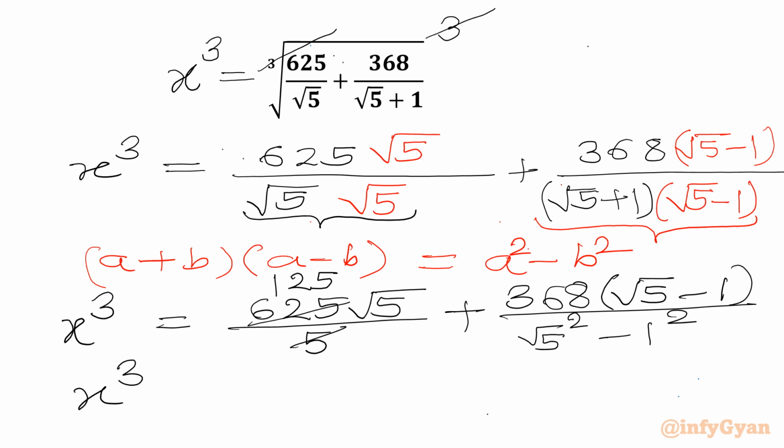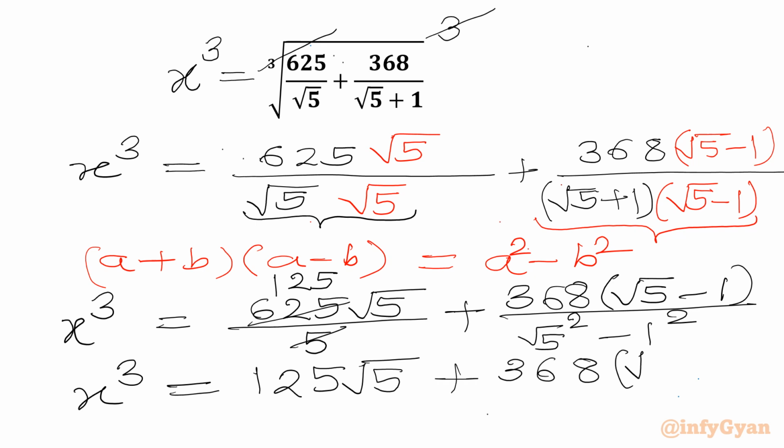So I can write x cube will be 125 square root 5 plus 368 root 5 minus 1 over root 5 square is 5, 1 square is 1, 5 minus 1 is 4.